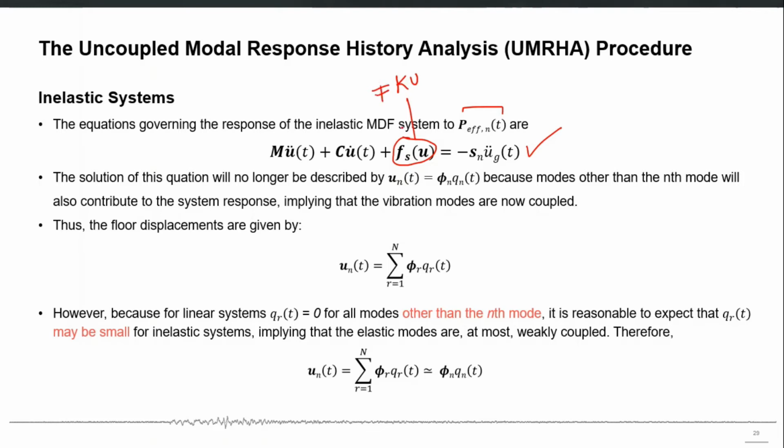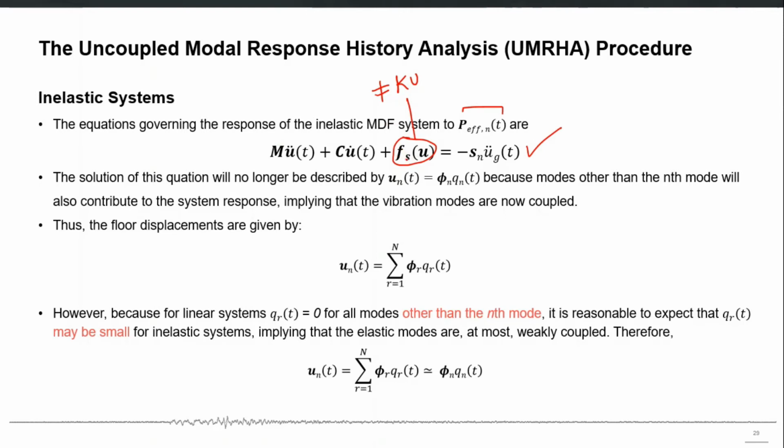It is equal to some function between elastic restoring force and u. It can be a nonlinear function because the structure is nonlinear. The structure is still linear in damping, and the inertial force term is already there. But the elastic restoring force is now replaced by a nonlinear function between elastic restoring force and deformation u.